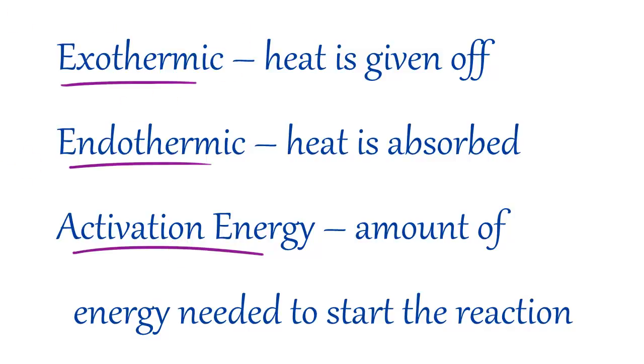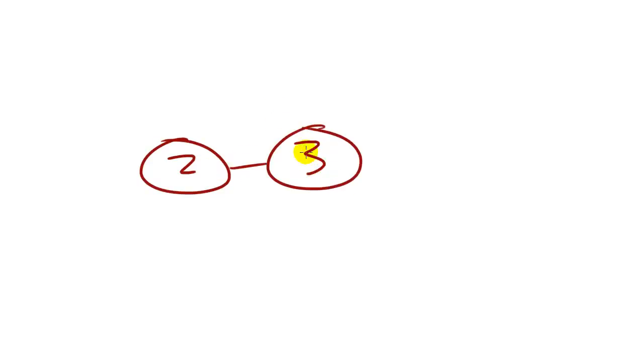Now, another thing I want to mention is that aside from just having the energy, the molecules must also hit each other in the right spots. For example, say you had a molecule 2 and a molecule 3 and they were bonded together. Now this molecule 1 was going to come in and react with this thing right here.